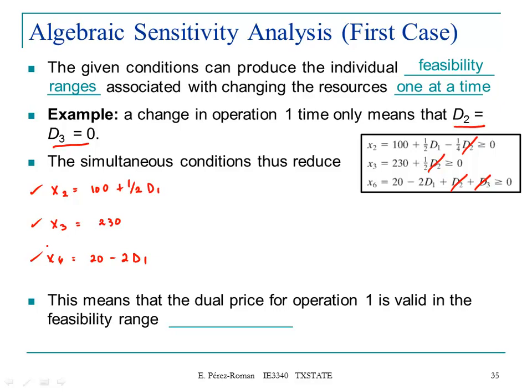So we are looking at the conditions only for D1. So in order for x2 to be greater than 0, D1 needs to be greater or equal to minus 200. And that's by solving for D1.